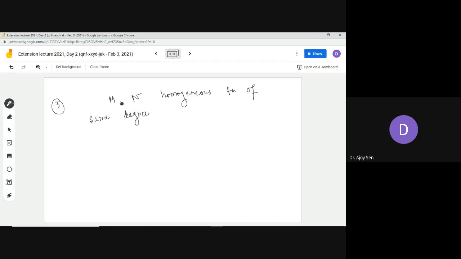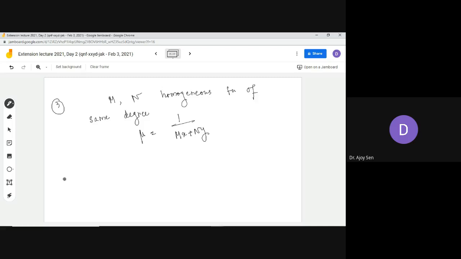Same degree means M is a homogeneous function of degree n, and N is also a homogeneous function of degree n. It can be 2, it can be 3. They are both of the same degree. In this case, the integrating factor will be 1 by (Mx plus Ny). This will be the integrating factor.